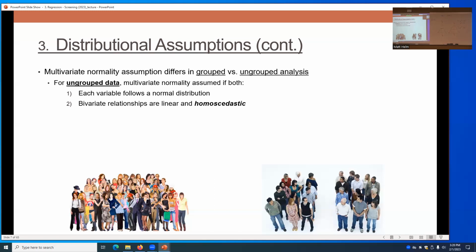It's hard to test directly, but if these 2 conditions are met, we can say probably close enough, we're probably okay and safe to go.